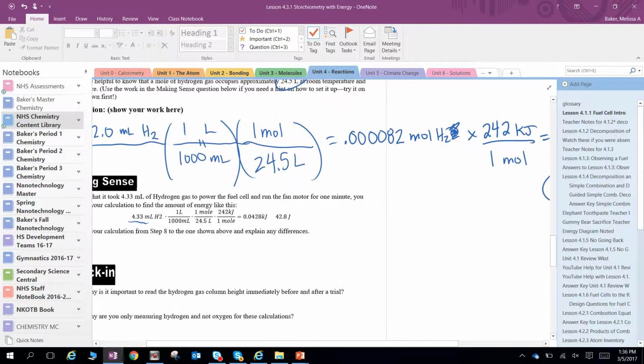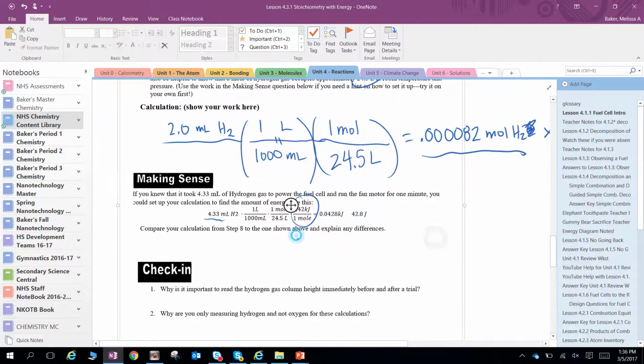Well, our calculation was the same, except we stopped and figured out how many moles it was before we did the final step of multiplying by hydrogen's value of 242 kilojoules per mole. So there's not much different. We have a different starting number, theirs was over twice as big, and then we stopped part of the way through. But otherwise, it's pretty much the same.